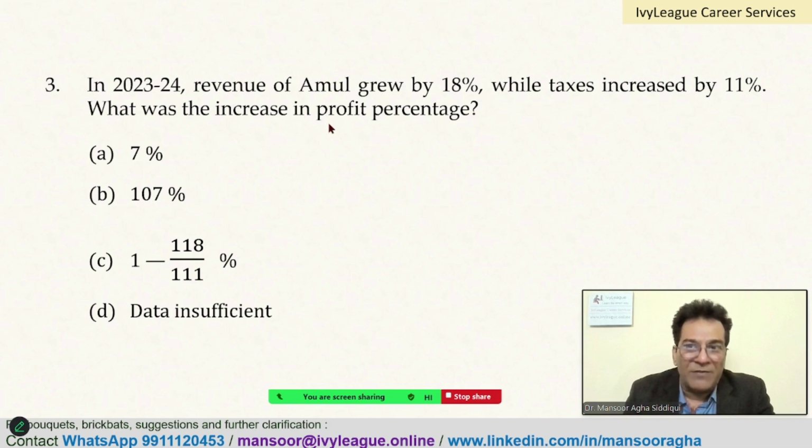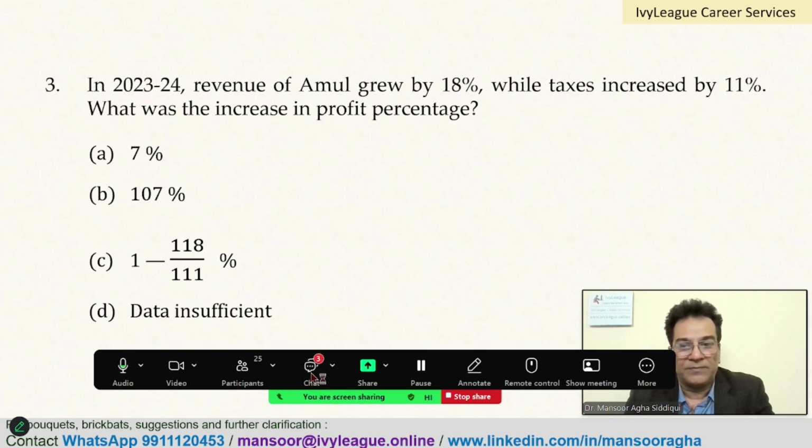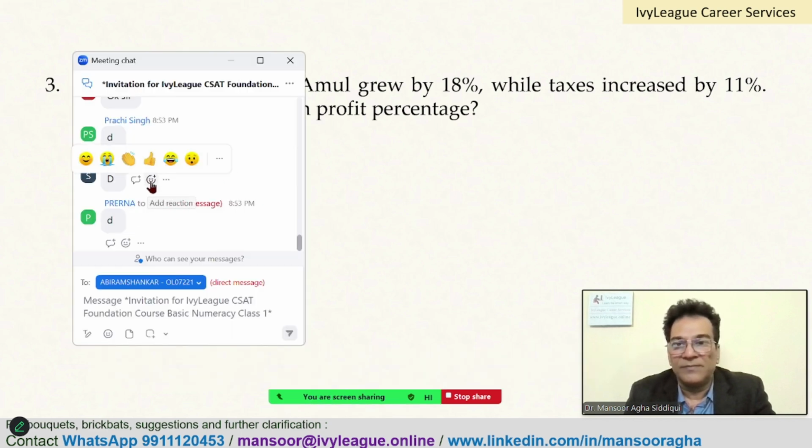I do not have any information about the expenditure of the company Amul. This is a problem here.